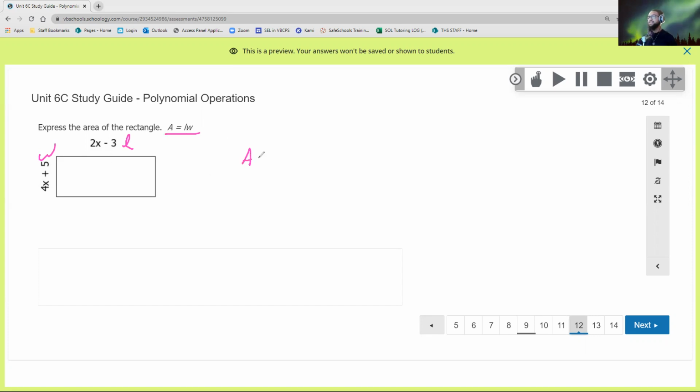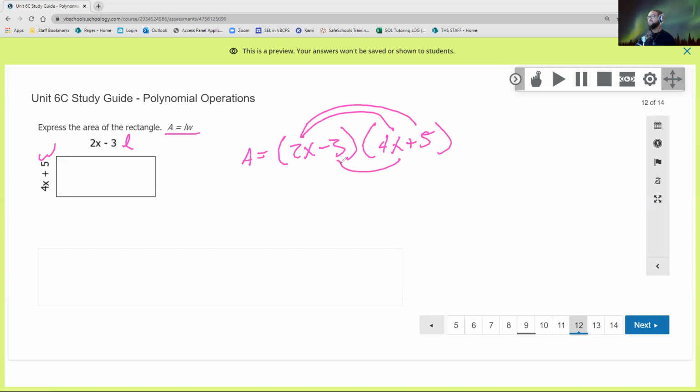A is equal to L times W. My L is 2x minus 3, and my W is 4x plus 5. And what we do, we just go and we multiply these. This 2x goes to the 4x and to the 5, and this negative 3 goes to the 4x and also to the 5. And what we get as an answer is going to be 2, not 2, I'm sorry.